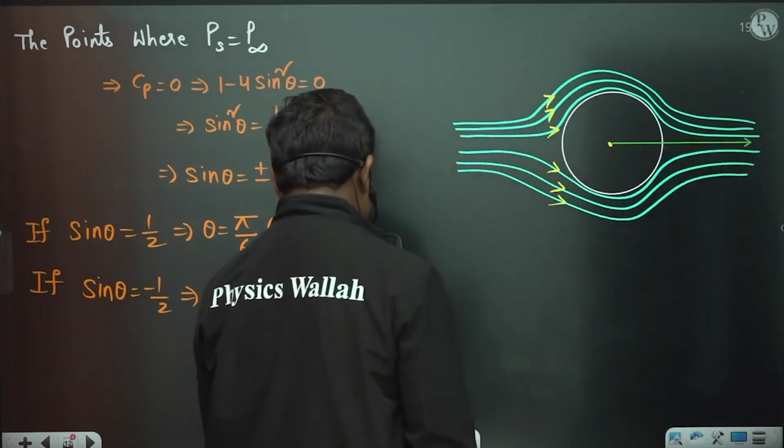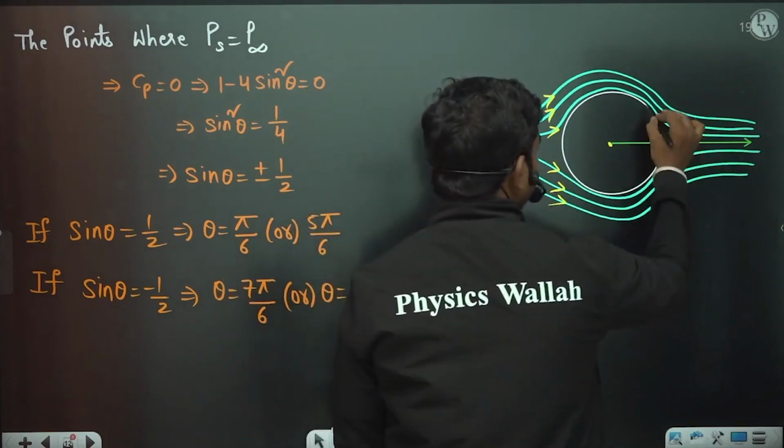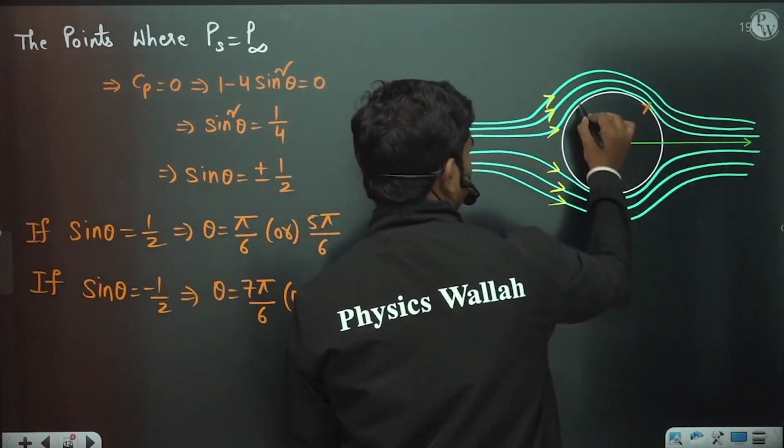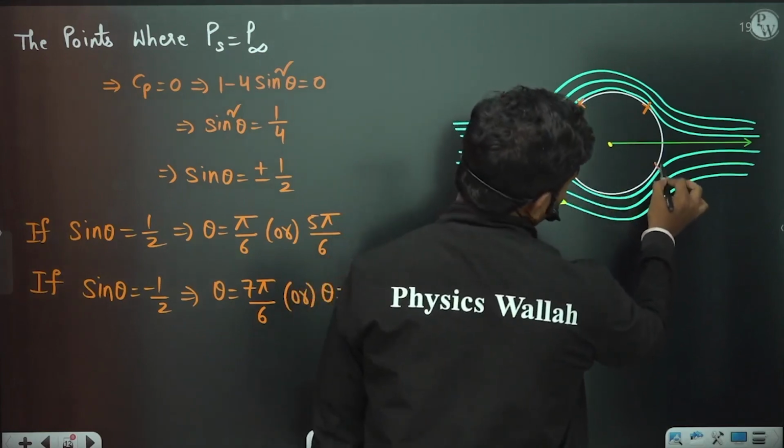Now in this case, at 4 points in the flow, theta equal to pi by 6, theta equal to 5 pi by 6, similarly theta equal to 7 pi by 6 and theta equal to 11 pi by 6.